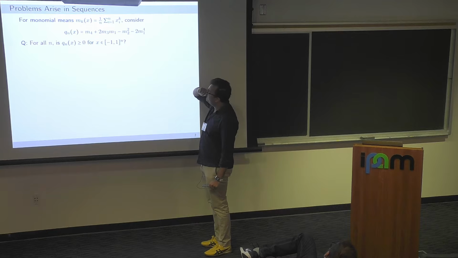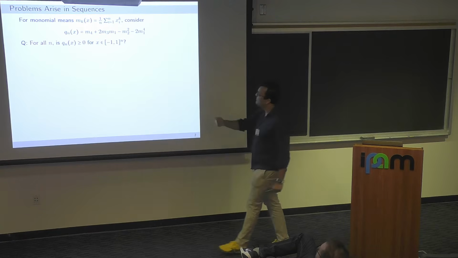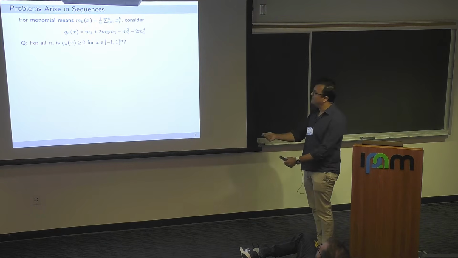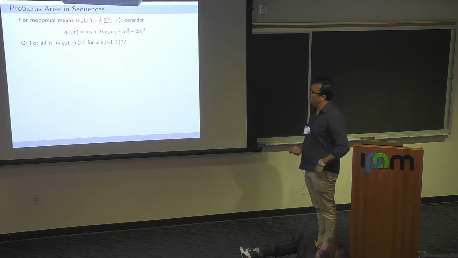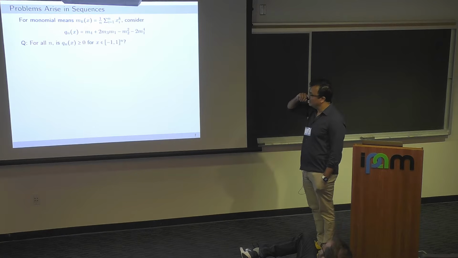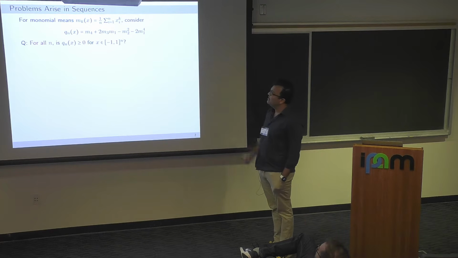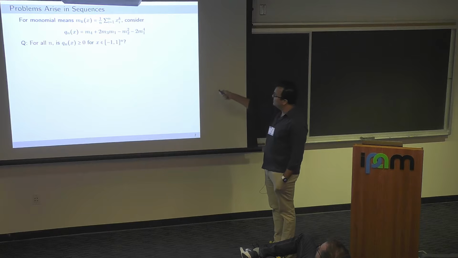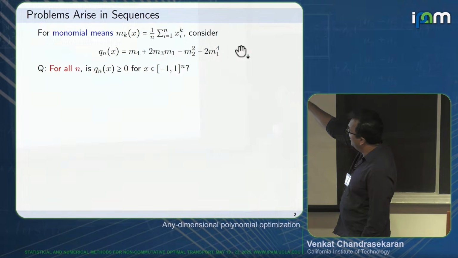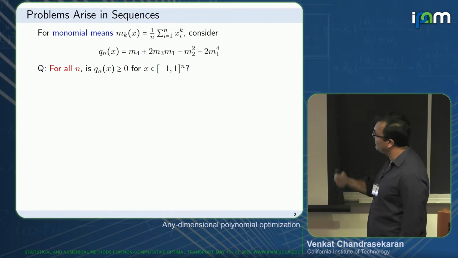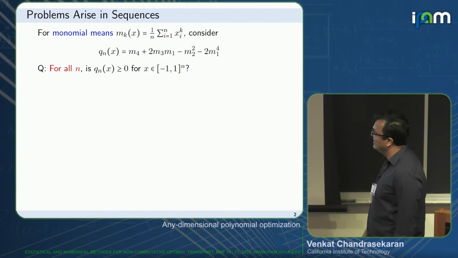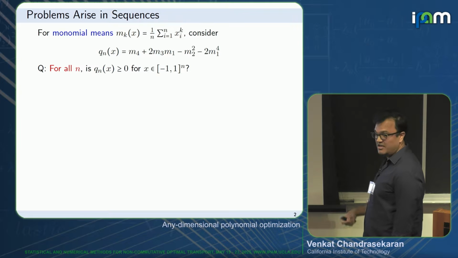If you take the expression right at the top, it's the empirical average of the kth power of a bunch of points xi, and based on the formula for mk, we can write down this polynomial Qn that involves the fourth, third, first, and second of these monomial means.